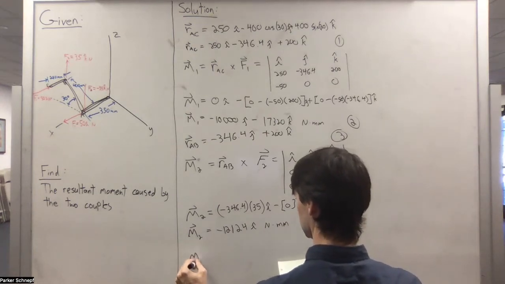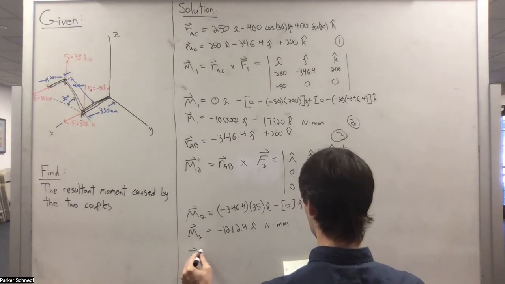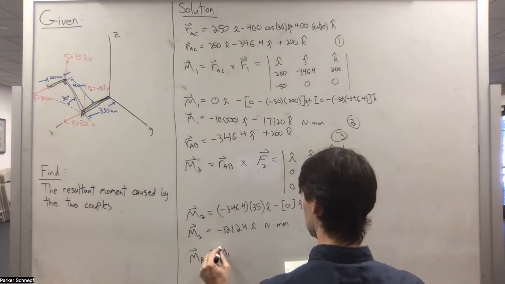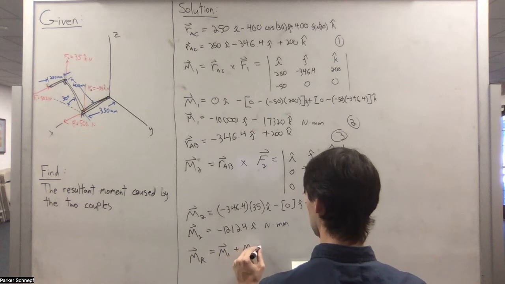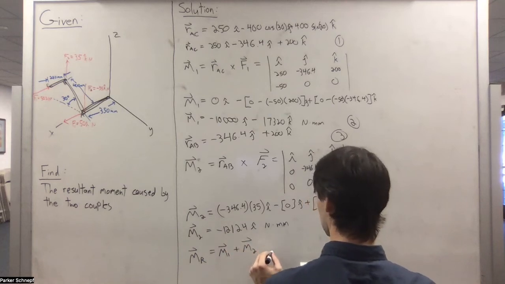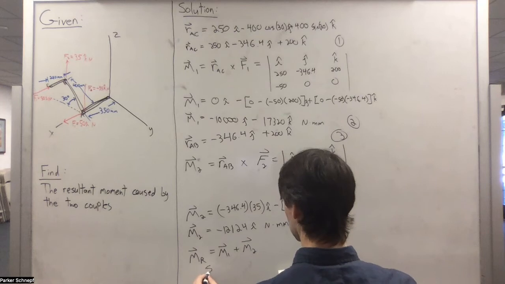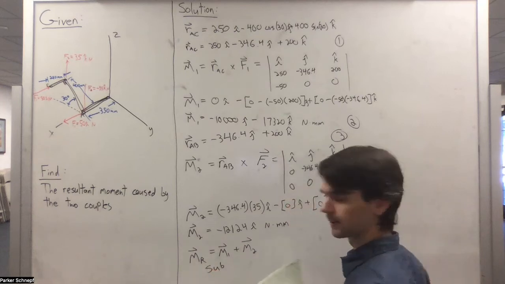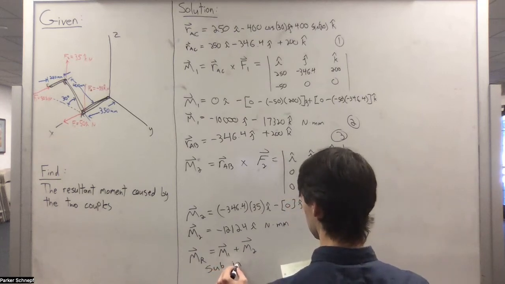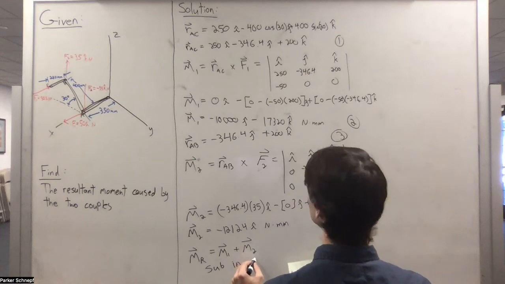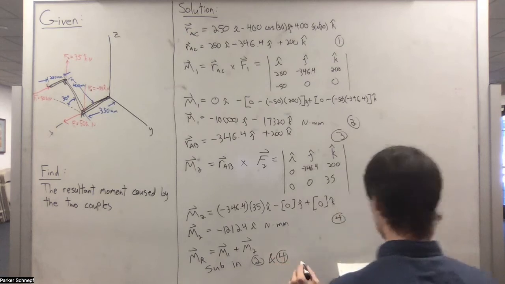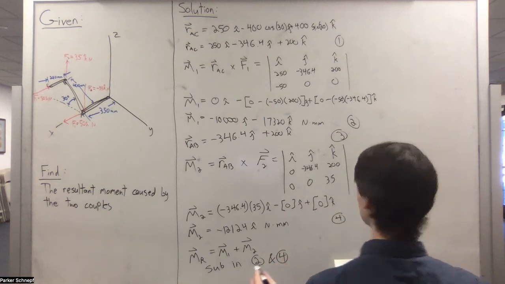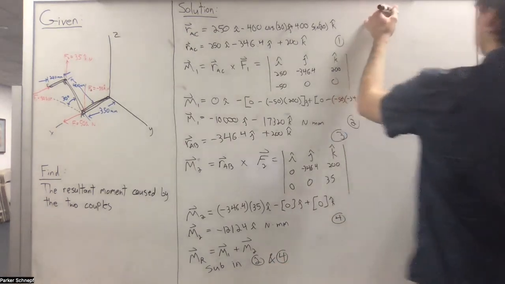So yeah, the resultant moment is just going to be M1 plus M2. I'll just finish up here.